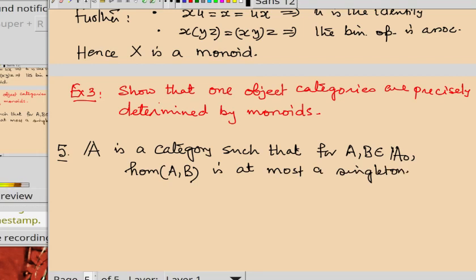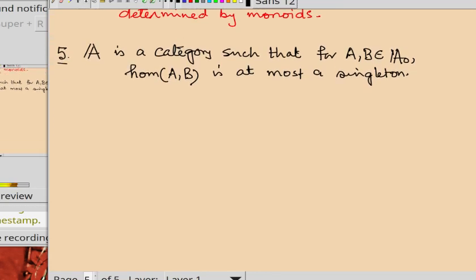That means either it is empty or there is at most one morphism. So it's exactly a singleton when it's not empty, otherwise it's empty.